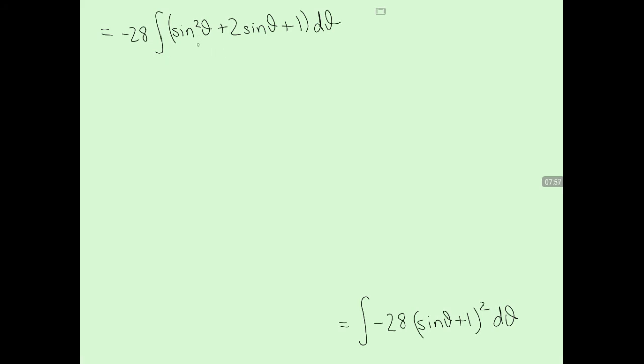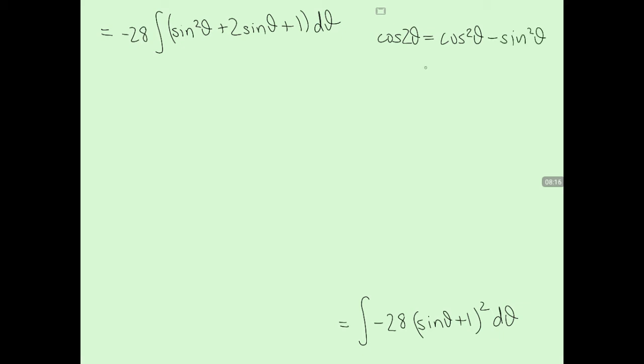And now we know that sine squared theta, well, we can just find that using the double angle formula. So we know that cosine of 2 theta is equal to cosine squared theta minus sine squared theta.